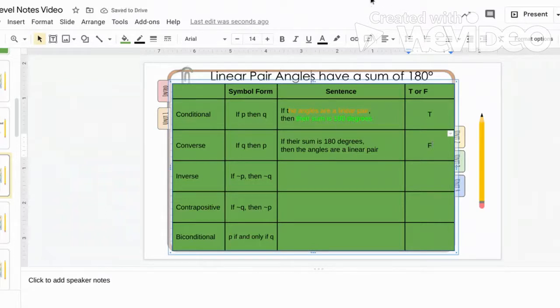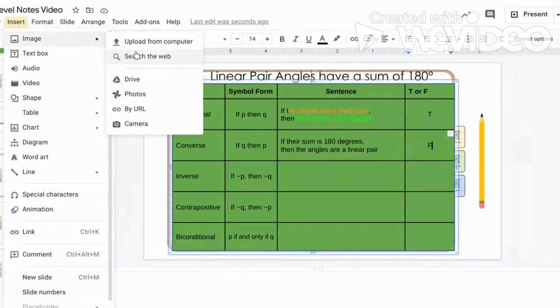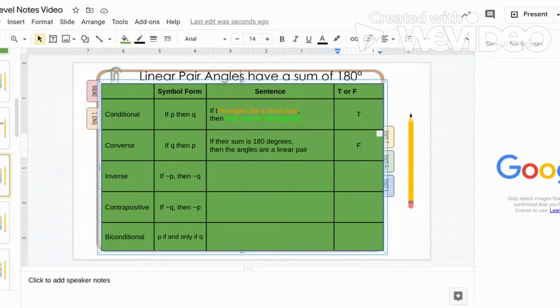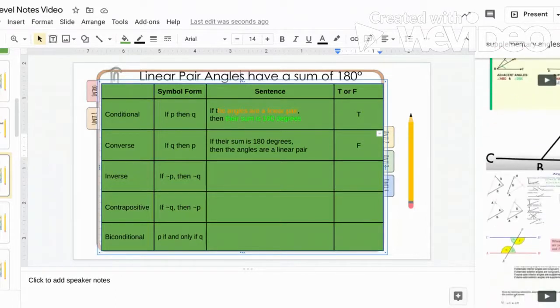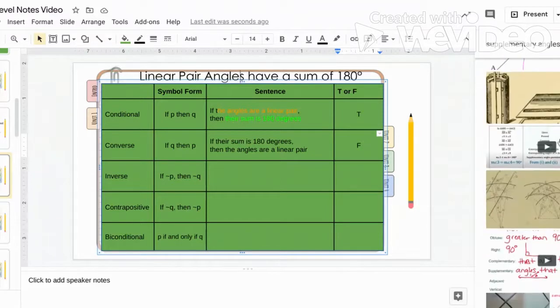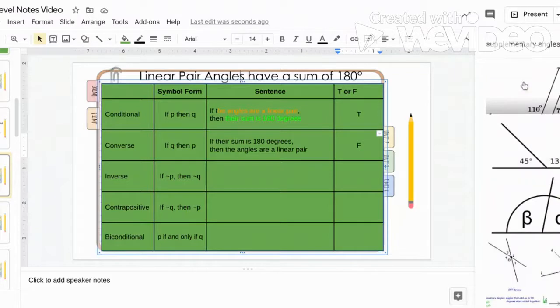And the reason why this statement is false, if we wanted to add an image, let's go and search the web and see what we can find. Supplementary, let's see what they have for supplementary angles on here. Let's see what this first image is.